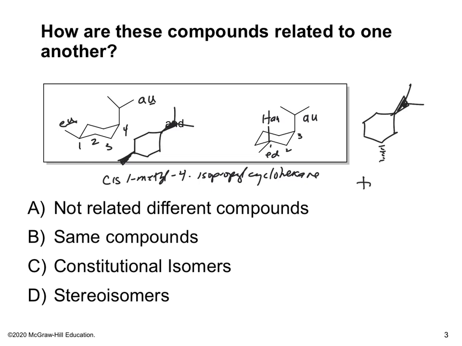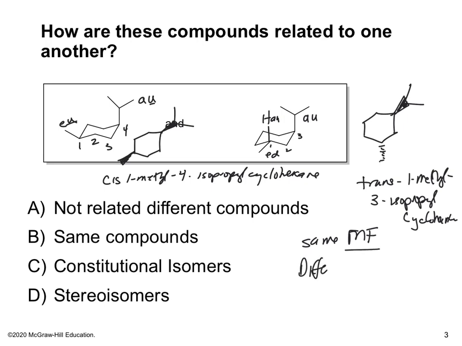This is trans-1-methyl-3-isopropylcyclohexane. So these have the same molecular formula. You could work that out and you'll see. But they have different connectivity because they have different names, different numbers.